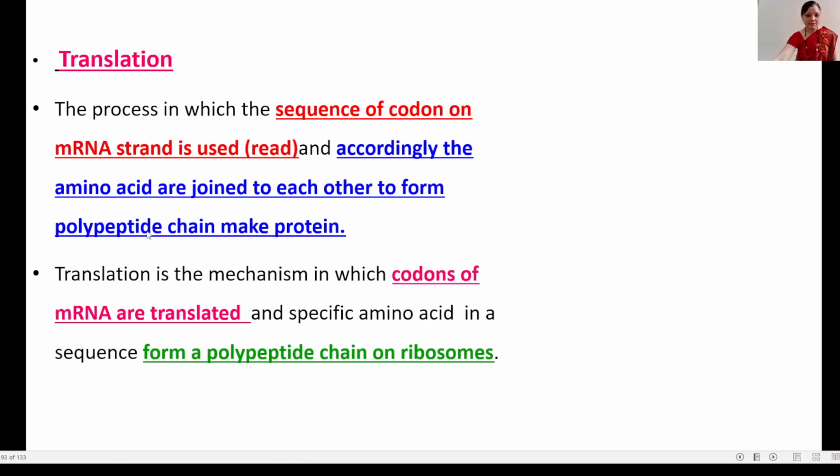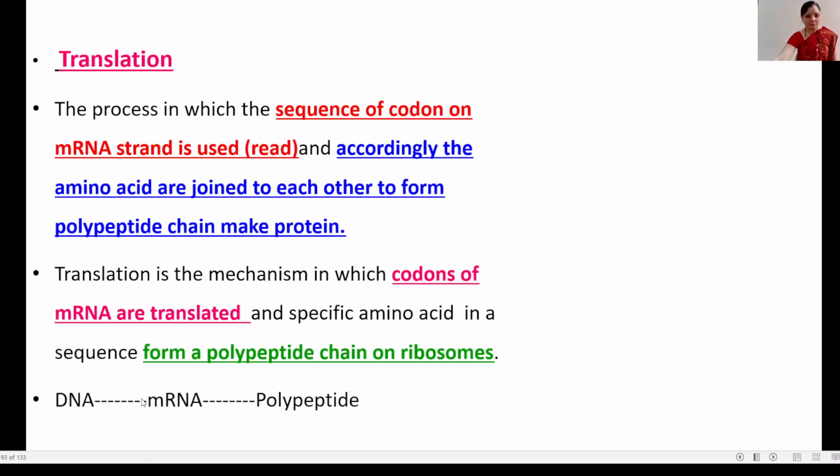Translation is the mechanism in which codons of mRNA are translated into a specific amino acid sequence forming a polypeptide chain on the ribosome.